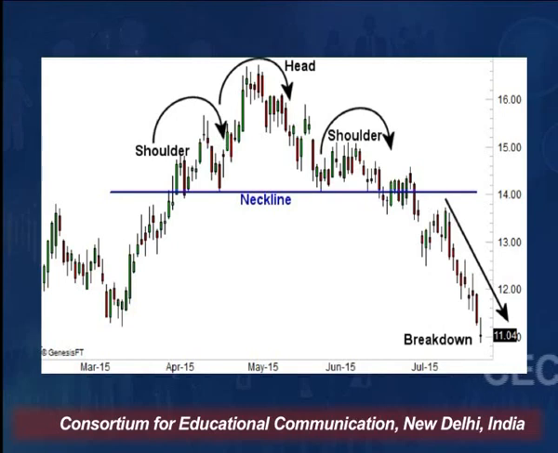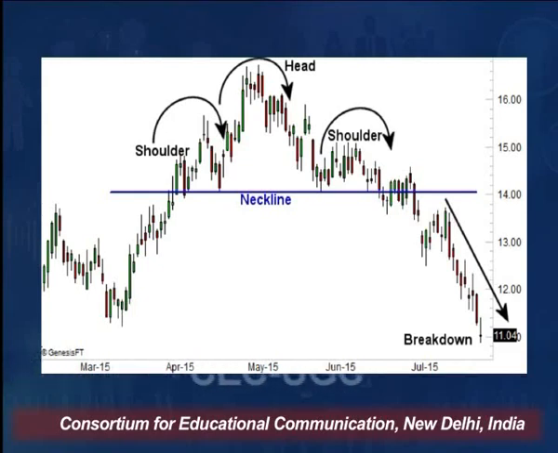First let me show you the pattern, the chart. What you are noticing here is that the x-axis is the time and the y-axis is the price, and by joining the closing prices of a particular company's share, a pattern has been drawn. By seeing this pattern, you can see that at the top a head is being formed, and with it the two shoulders you can observe here.